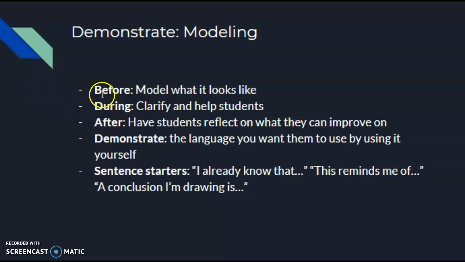So before, you model what it looks like; during, you clarify and help students. When the students are actually practicing what you taught them, you go around the class and ask clarifying questions and look for understanding. After, have students reflect on what they can improve on.